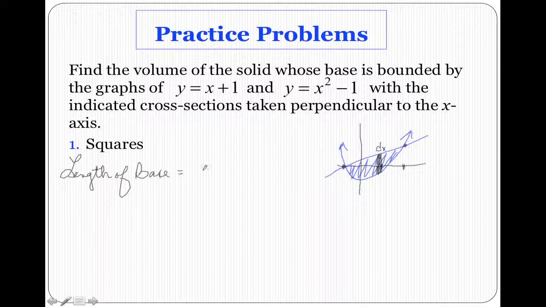It's top minus bottom. On the top, that representative rectangle is hitting the curve x plus 1. On the bottom, it's hitting x squared minus 1. So if we simplify that, that's how long this base is of your square.